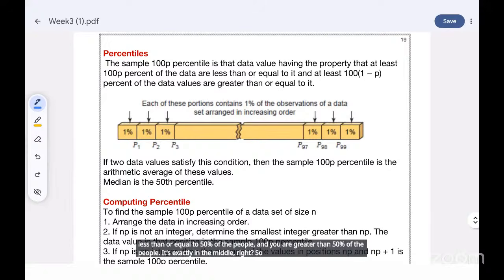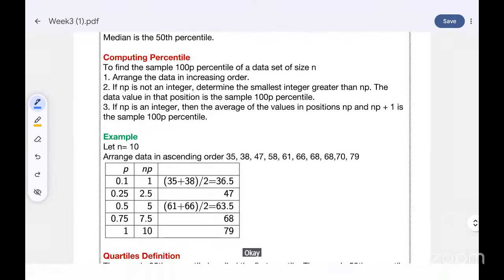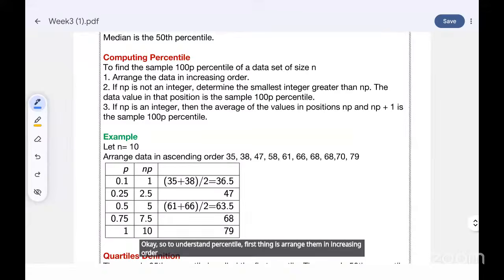In general, how do we understand percentile and compute it? Let's take a specific example. First, arrange the data in increasing order. This data set is already in ascending order, so we don't have to do anything.